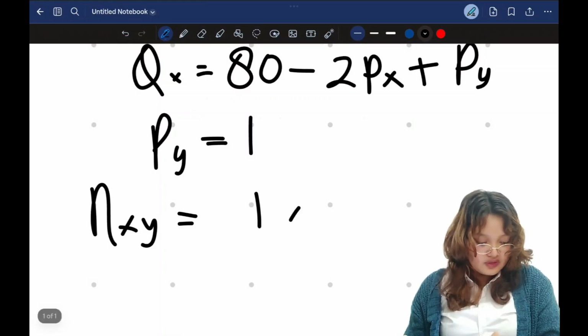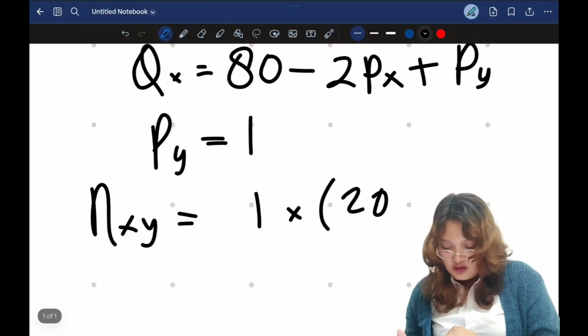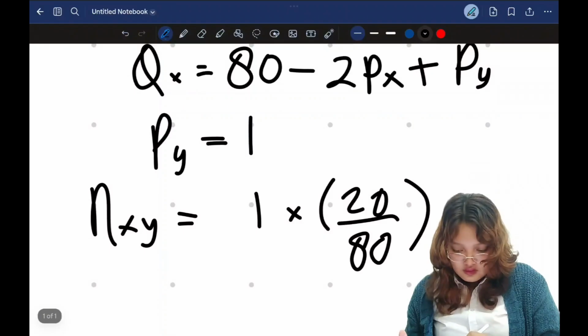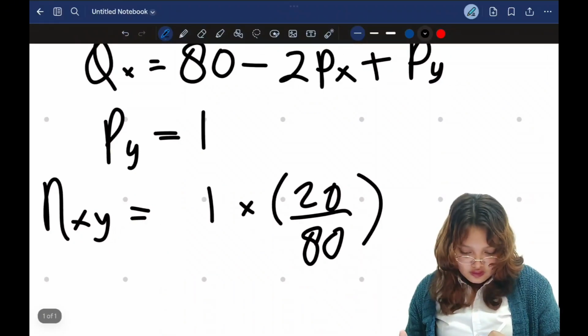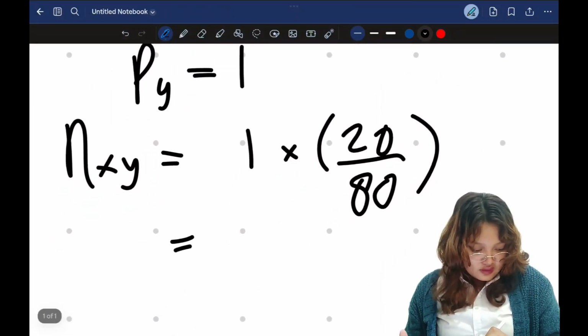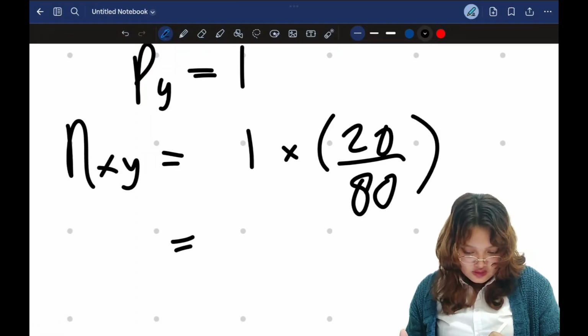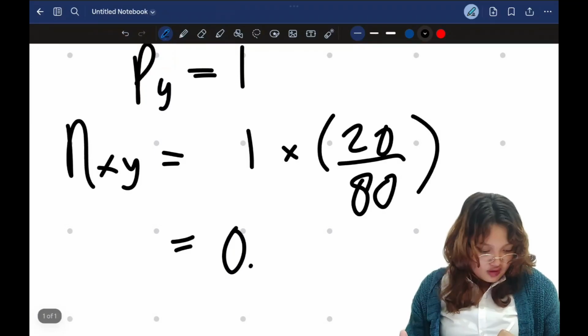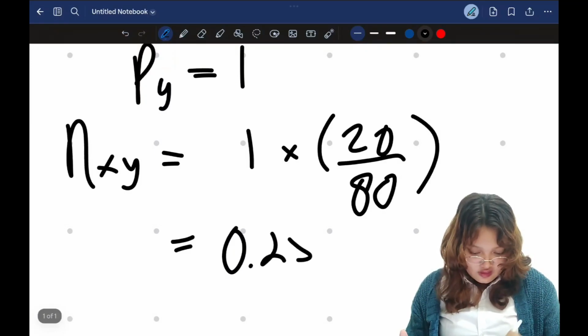Now plug in the values: N sub XY equals 1 times 20 over 80.